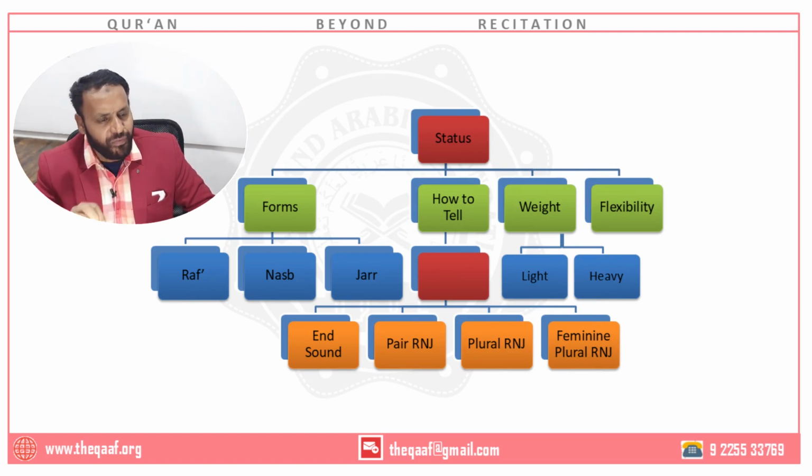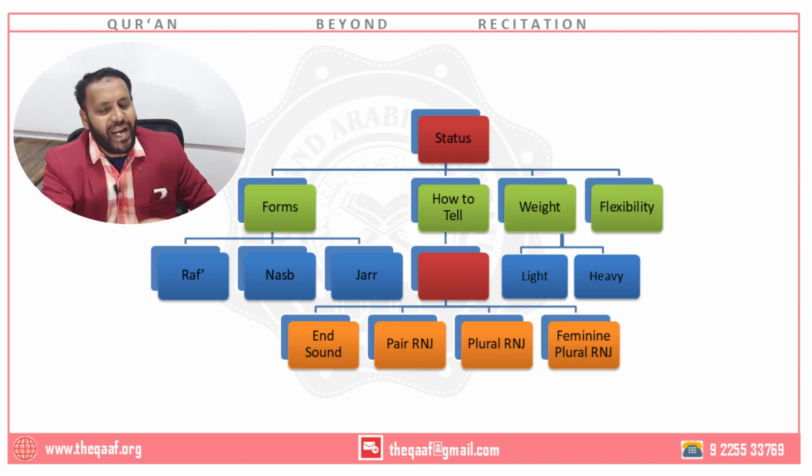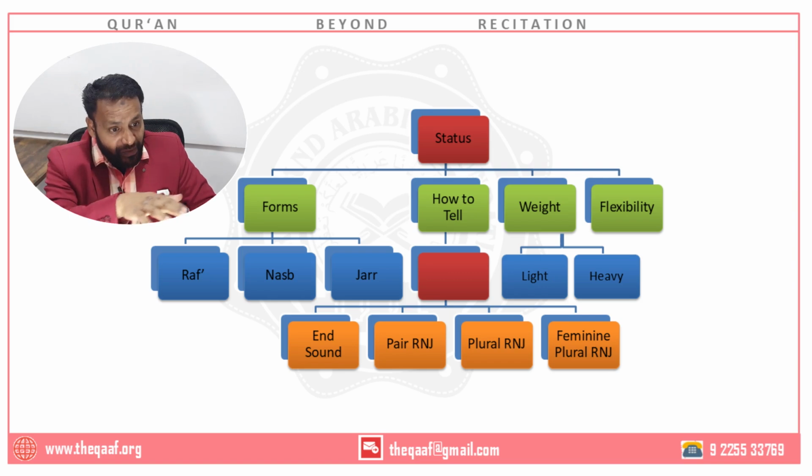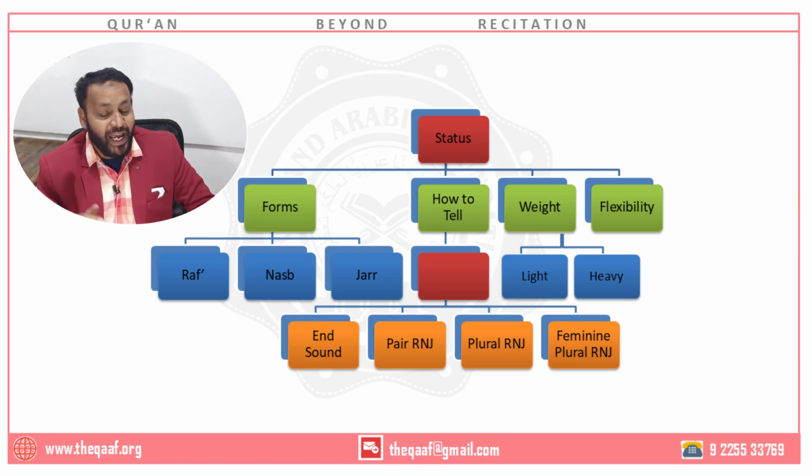How to tell the status, which means based on ending sound or ending combination. Ending combination could be pair: rafa, nasb, jar; then plural: rafa, nasb, jar; and then feminine plural: rafa, nasb, jar, because feminine plural is different from the masculine. It's atun and atin. So these are the 4 items under how to tell. And then the next item was weight, which has 2 options, light and heavy. This is what we have completed so far.